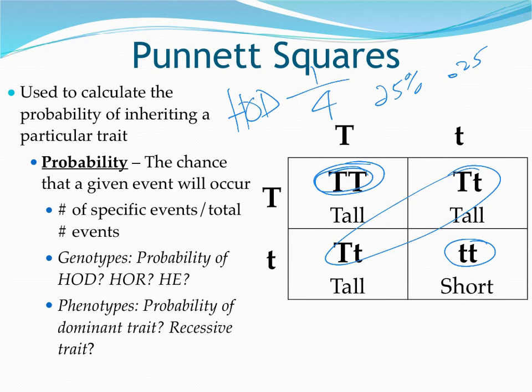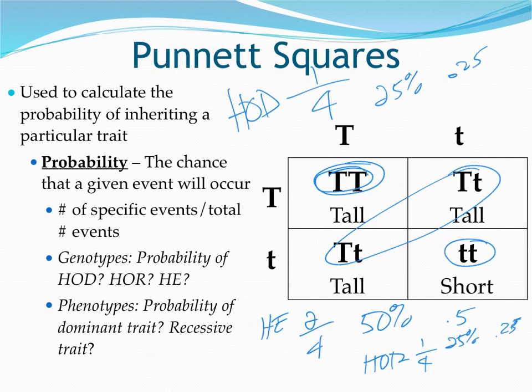The probability of getting a heterozygote would be 2 out of 4. Again, 4 possible outcomes, and 2 of these are heterozygous, which would be 50%, or 0.5. The probability of getting a homozygous recessive would be 1 out of 4, again 25%, or 0.25. All of these possible outcomes have to add up to 1 or 100%. They have to.